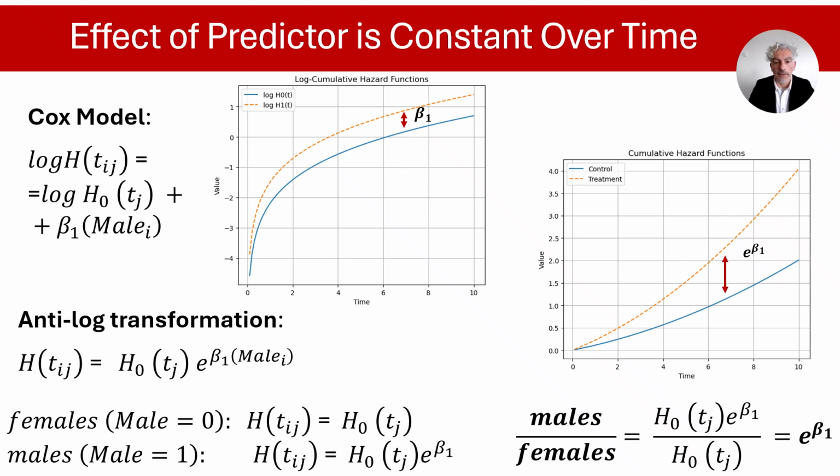The first one is the log of the cumulative hazard function, and you can see the constant vertical distance between the two functions for males and females, whereas in the graph on the right side, you can see that the relative distance between the two cumulative hazard functions is constant over time, and it's equal to the exponentiation of the beta coefficient.